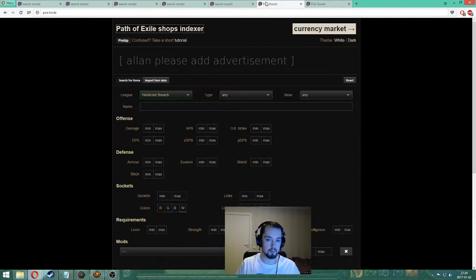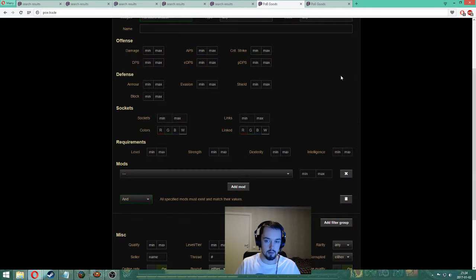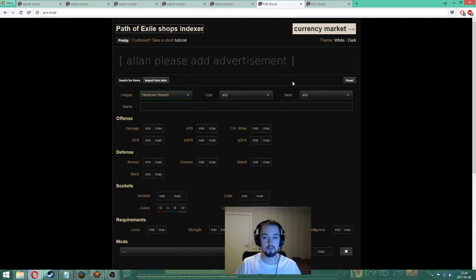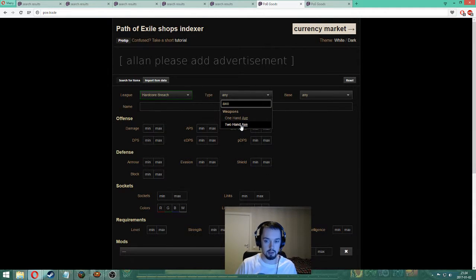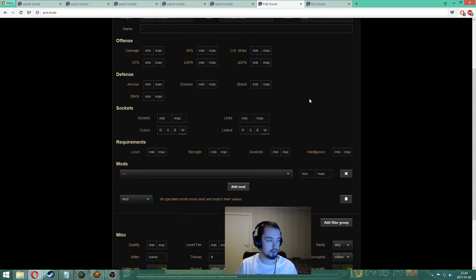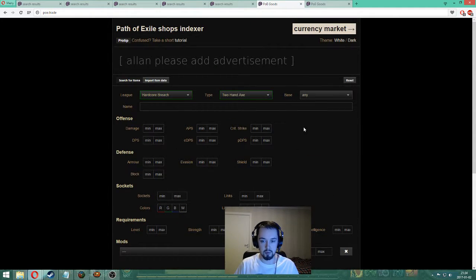Now let's do a weapon example. Let's say I'm playing a cycloner and I'm using a 2-handed axe, and I want to upgrade away from Com's Primacy, for example. I probably want something like 450 to 500 DPS.